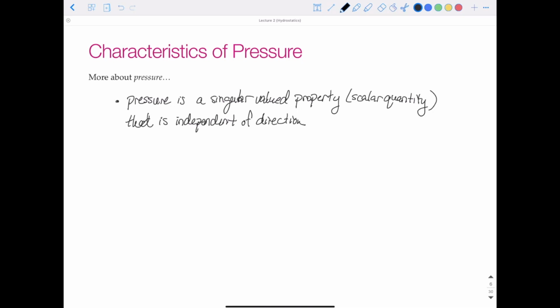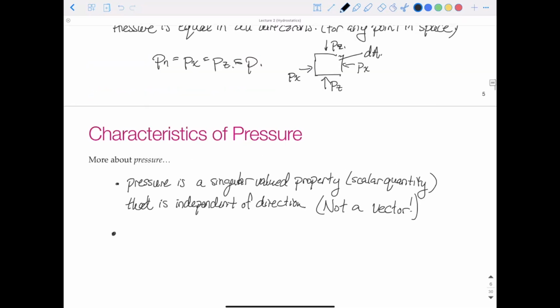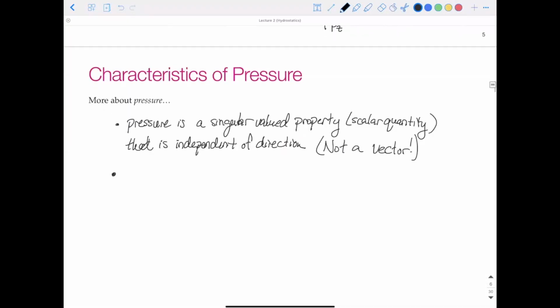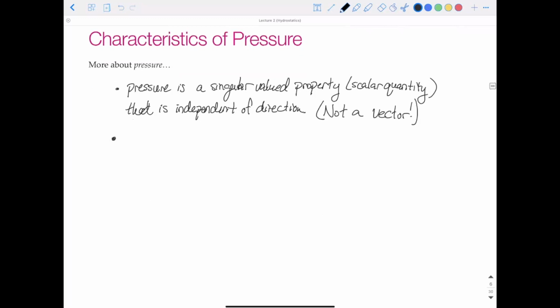That means it is not a vector. And that is, again, just reiterating that last line up above. We said that all of our components of pressure, our pressure directions, are just equal to P. So P is the same in any direction, so it doesn't really have any direction.